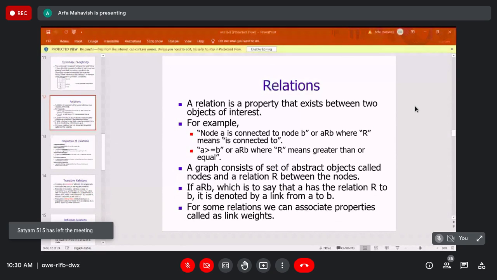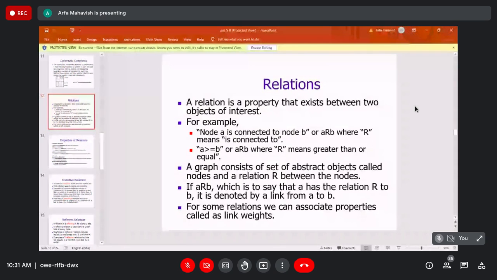If A and B are connected by a relation, then A has the relationship R to B. If you have two nodes, A and B, and A travels to B, that line is represented by R. That line is a connection between the two nodes, and it is the relation of those nodes. It is a symbolic representation, written in the form ARB.